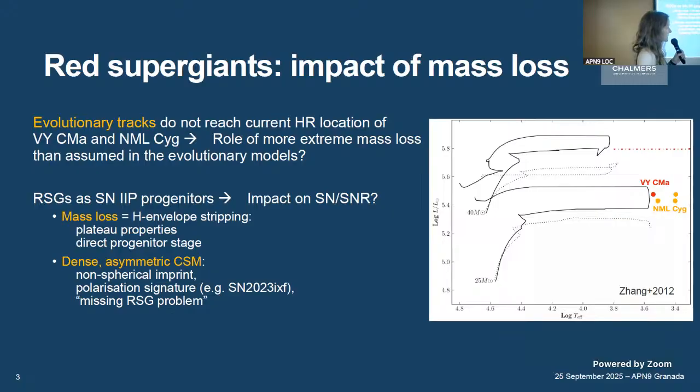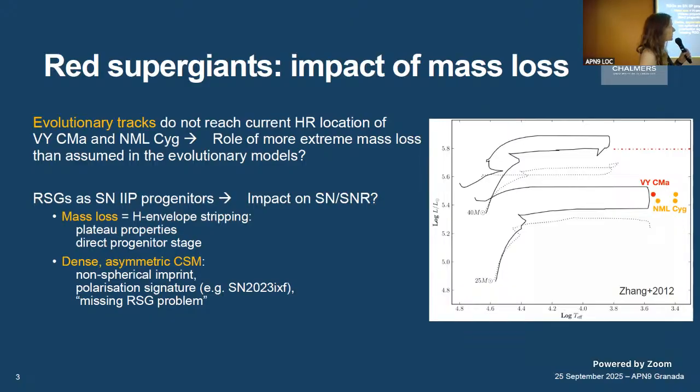And there are indications that we need better prescriptions for the mass loss in the red supergiant stage, because the envelope stripping will actually affect whether this star is going to finally go supernova from the red supergiant stage or whether it's going to evolve further. And then thinking about the red supergiants going supernova, there's also an effect on the supernovae themselves. Again, how much of the envelope is actually being stripped.